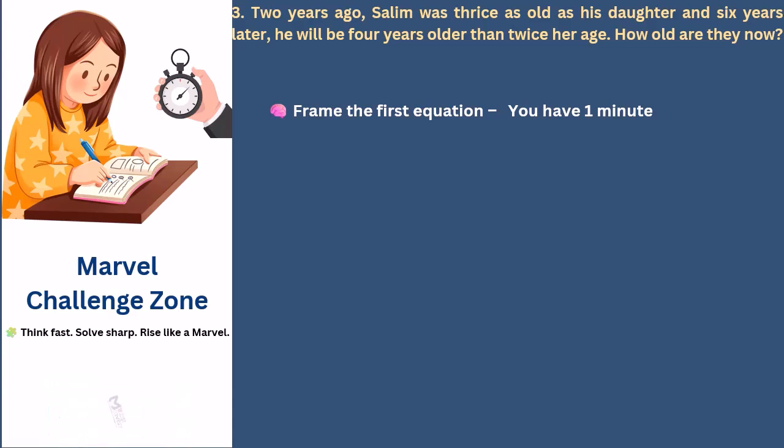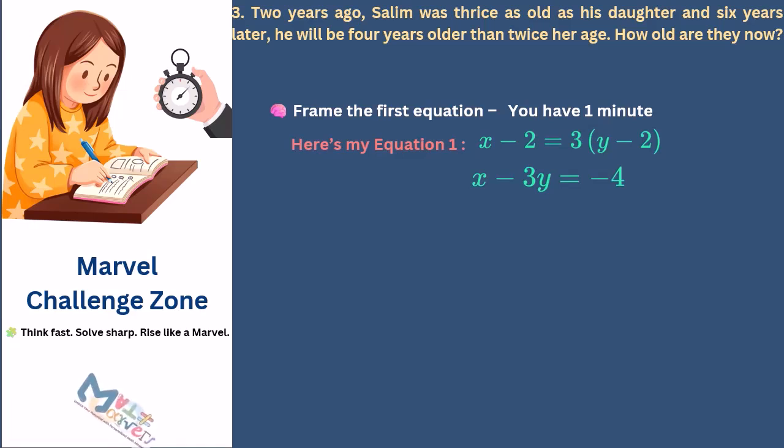Done. Here's your equation 1. x minus 3y equals negative 4. On to the next one.